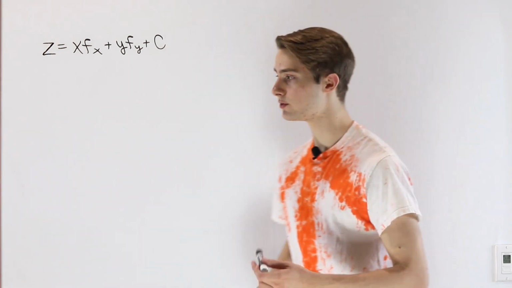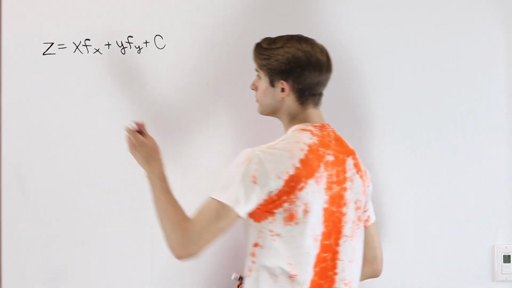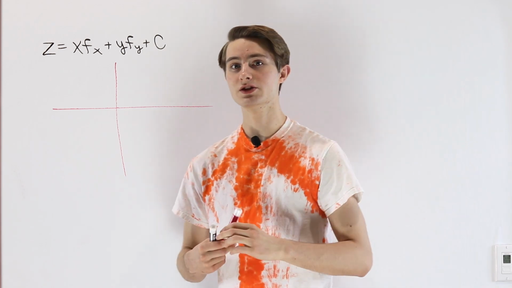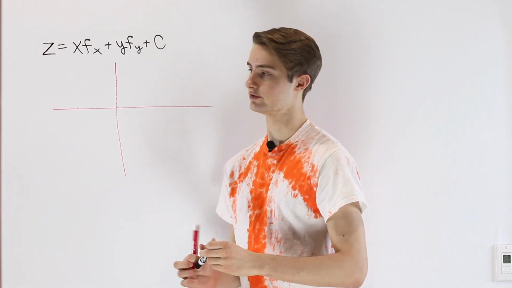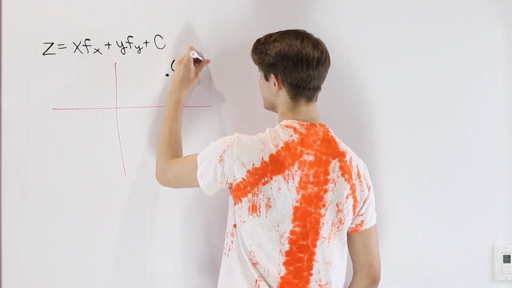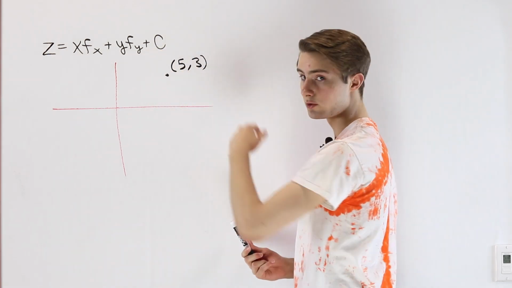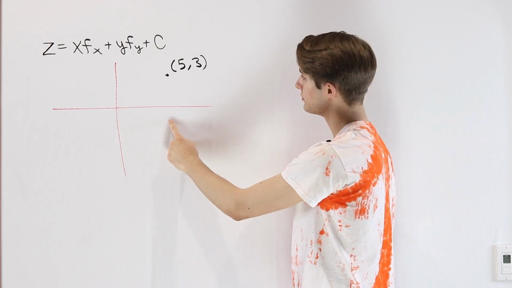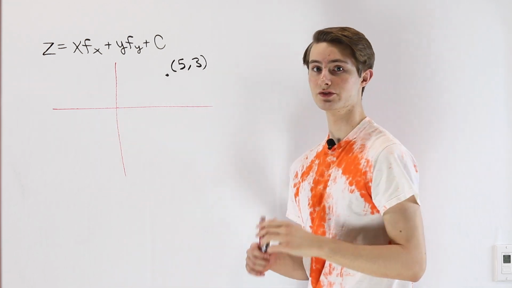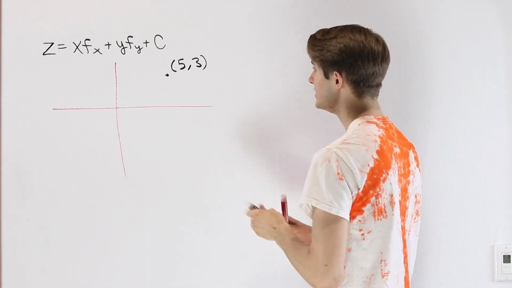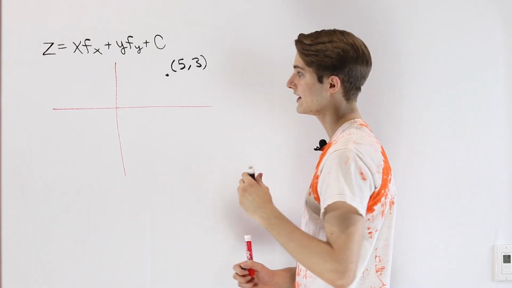Now, when we think about coordinate systems, we're often used to the idea of coordinates being in terms of horizontal and vertical values. So if I have a point here, say 5, 3, this coordinate value indicates that the horizontal distance from the origin is 5 and the vertical distance is 3. One other way that we can express that is in terms of two vectors.